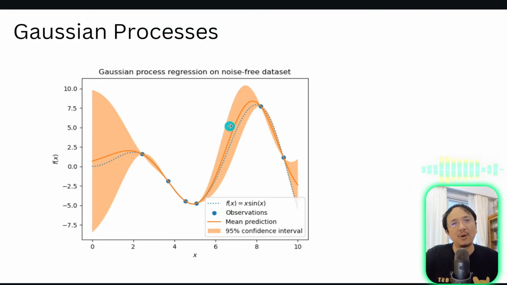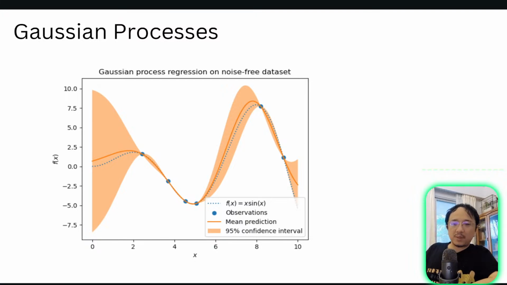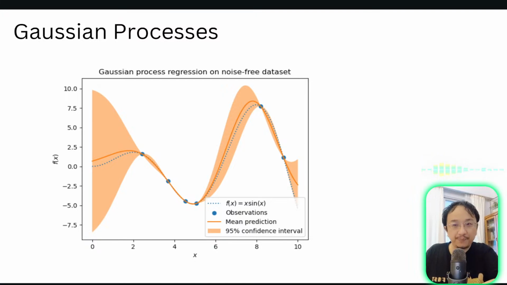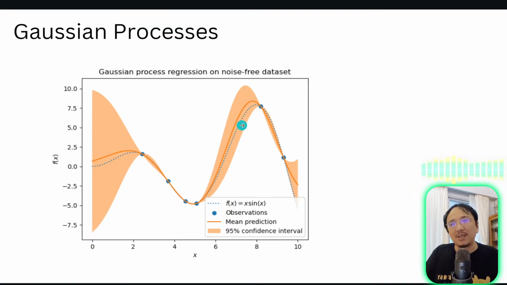We are giving a prediction that is a probability distribution. In general, this prediction is a normal distribution.